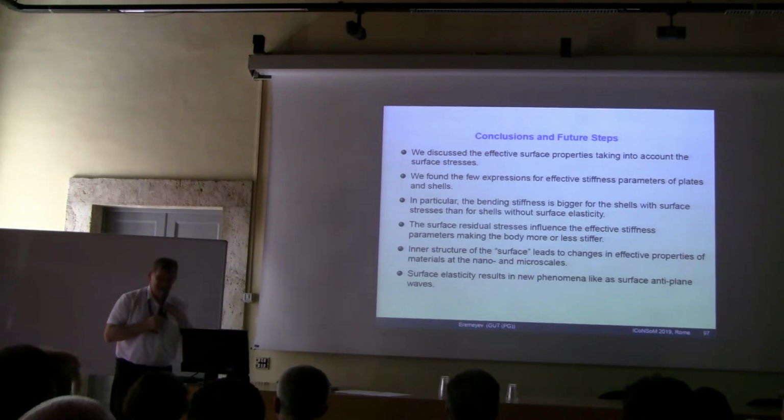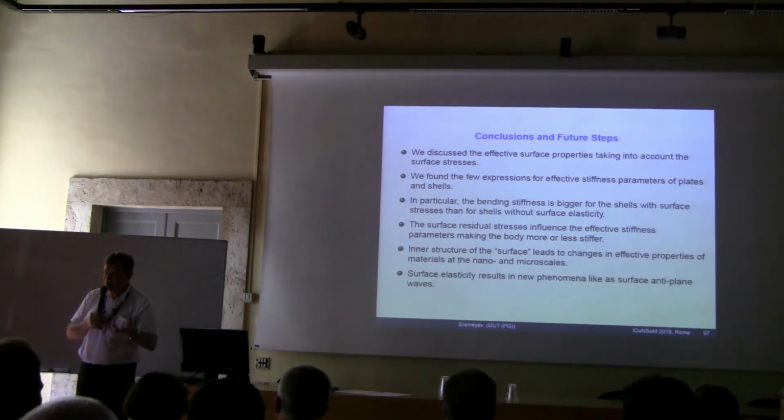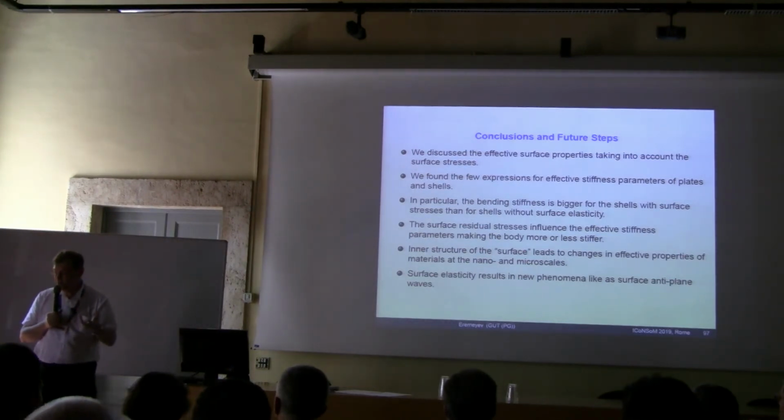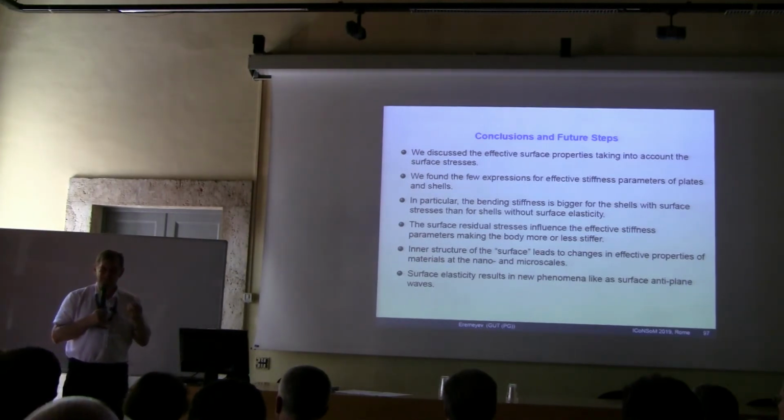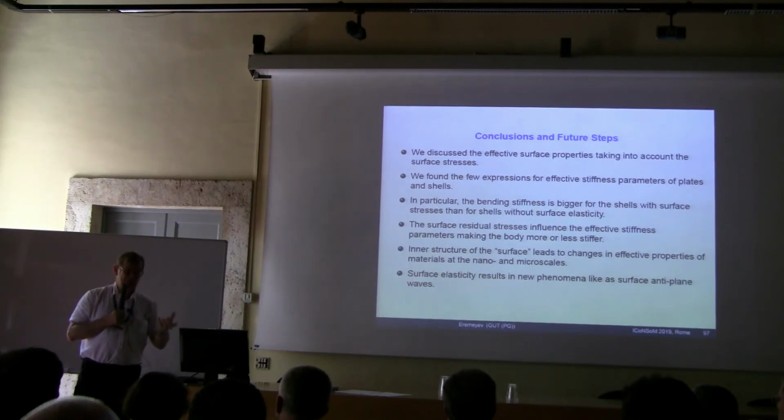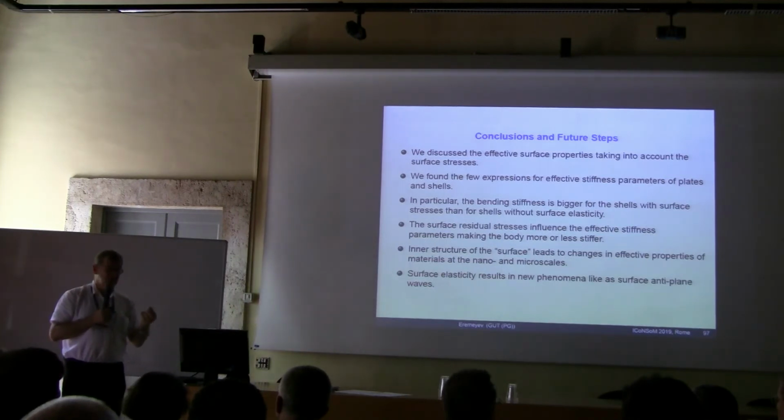Let me say that surface elasticity is so nice because it's quite similar in some sense to the theory of shells, which is also very nice. It's also very interesting mathematically.